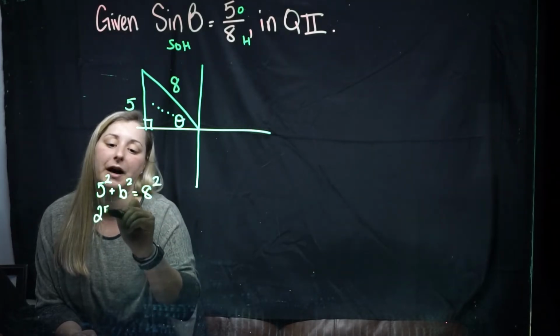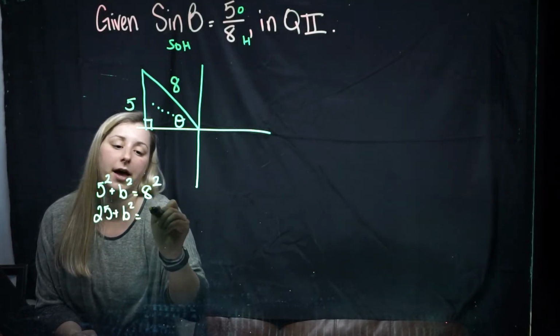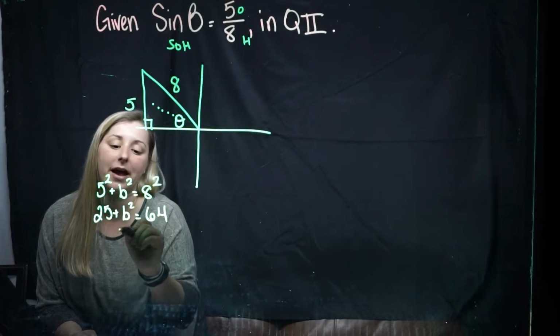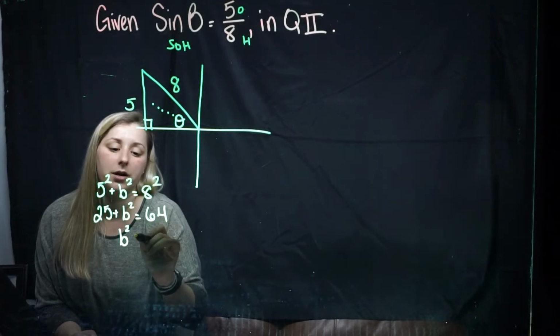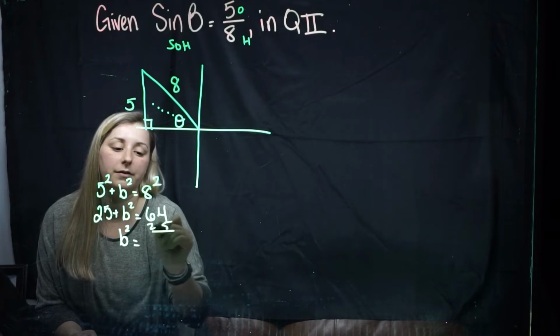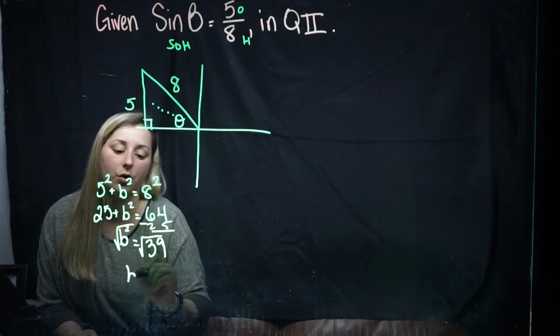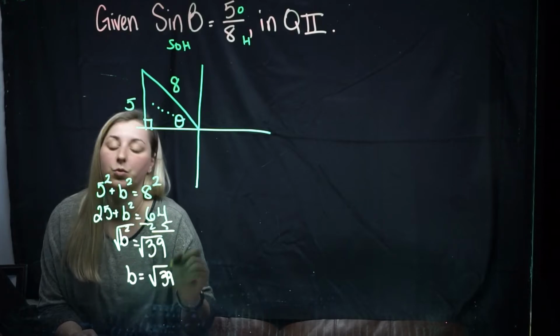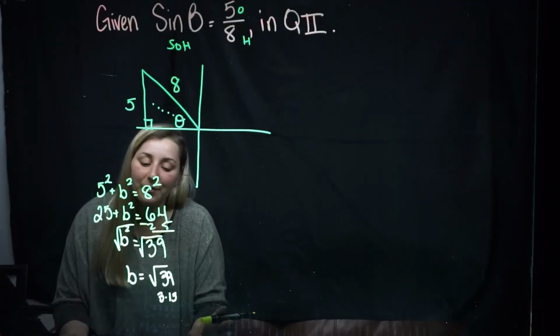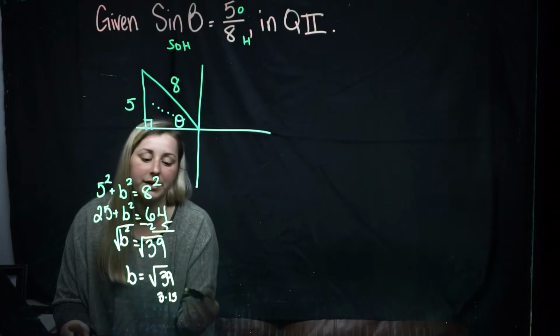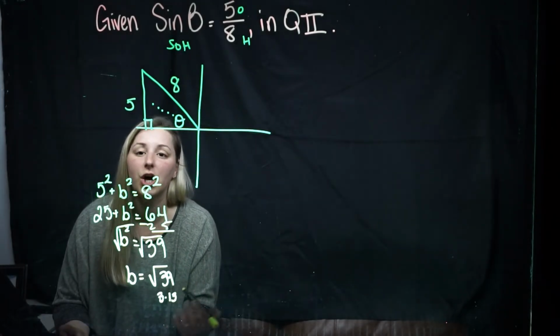So we know it's 25, and then 64. Subtracting that out, b squared is 64 minus 25, we've got 39, and then taking the square root, we know b is the square root of 39, which we cannot simplify. You can't break down the square root of 39, 3 times 13, we know none of them are perfect squares, so you leave it as is.